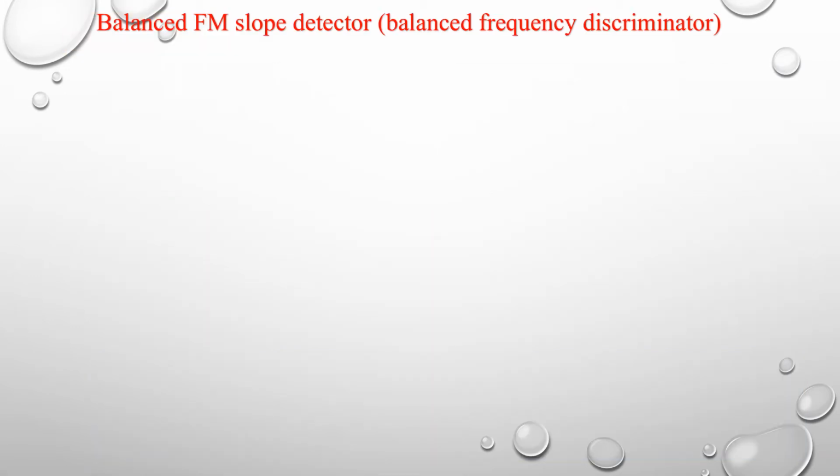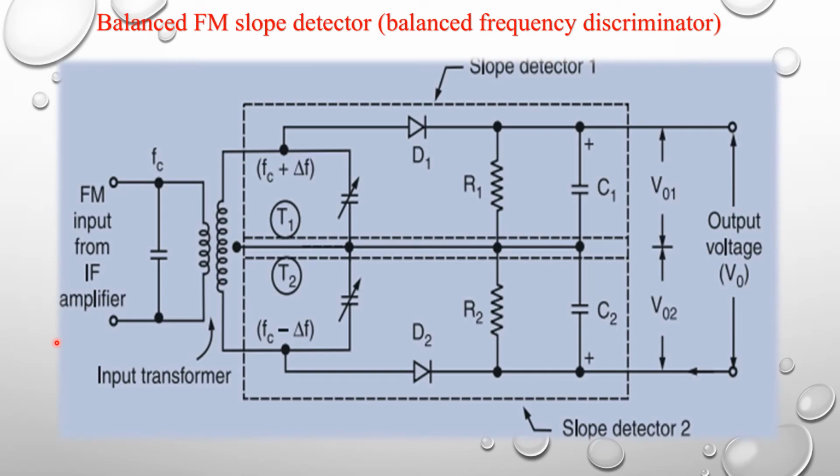The balanced FM slope detector overcomes the drawbacks of the simple slope detector. We design the balanced FM slope detector using two slope detectors, this is slope detector 1 and this is slope detector 2. Slope detector 1 consists of a tuning circuit and an envelope detector.